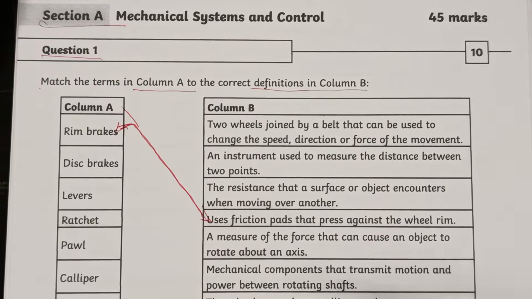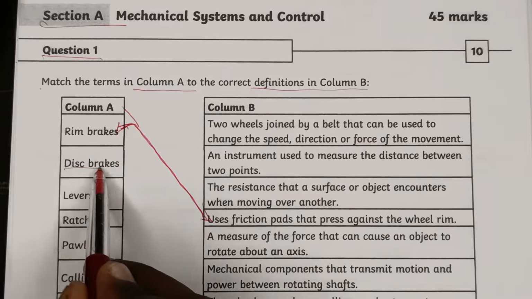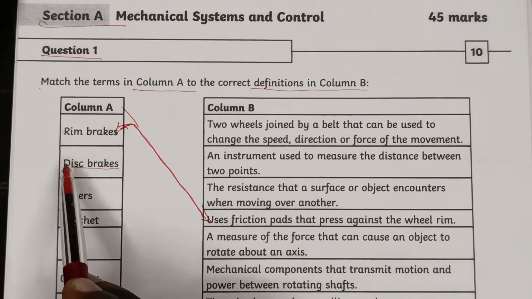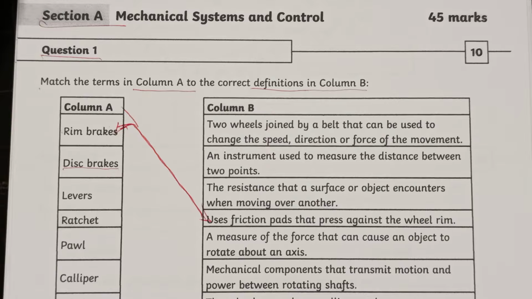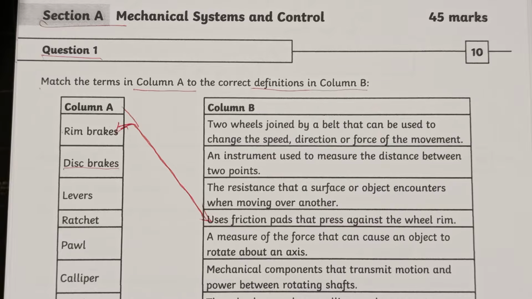All right, let's move to the second one. This is disc brakes. Rim brakes, disc brakes. So what are these brakes? Let's start this side this time. Are they a toothed wheel? No. A lever with a catch that engages with the teeth of the ratchet? No. A type of mechanism that makes it easier to lift objects?